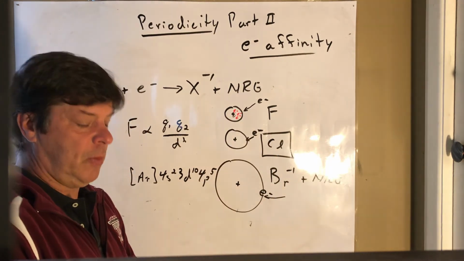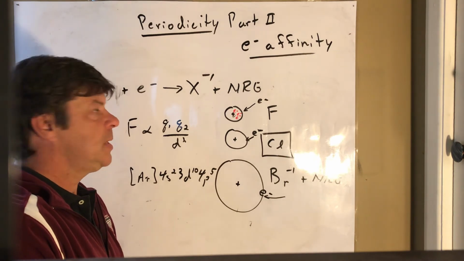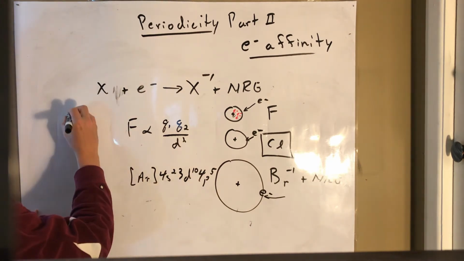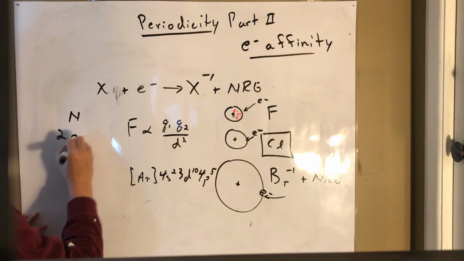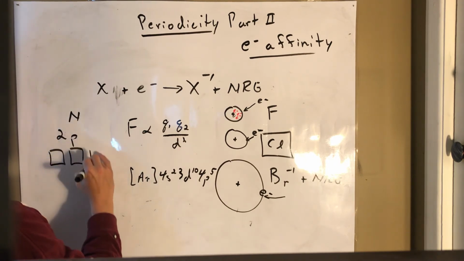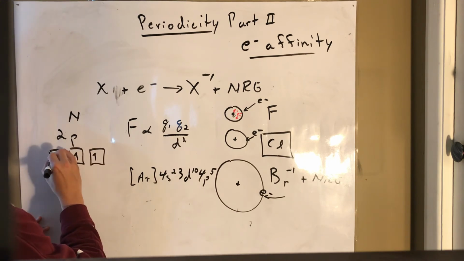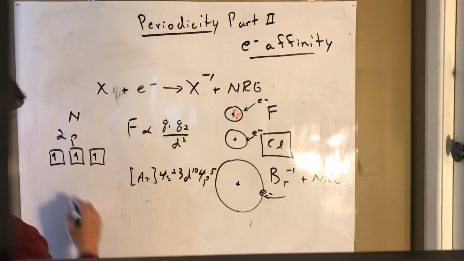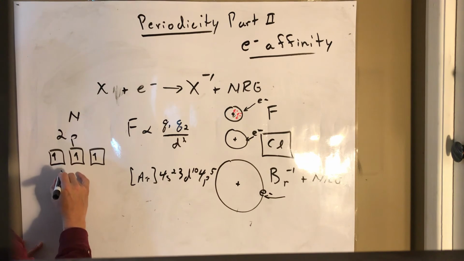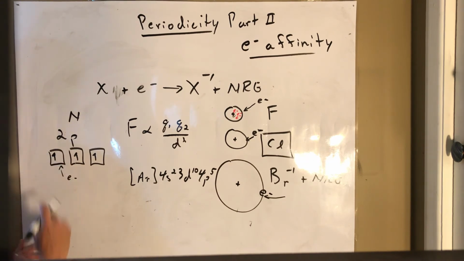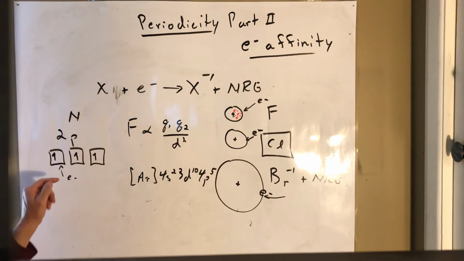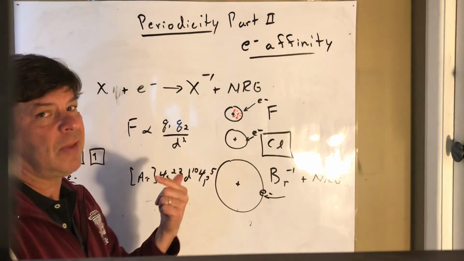One more thing we should look at is nitrogen. Let's look at that over here, nitrogen. So we have 2p, so we have this. So what do you think? If we throw an electron in here, there's an electron already in this orbital that's going to be repelling that. And what do we say about half-filled orbitals? Atoms like half-filled orbitals, right?